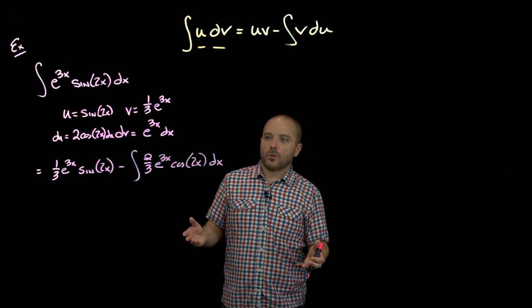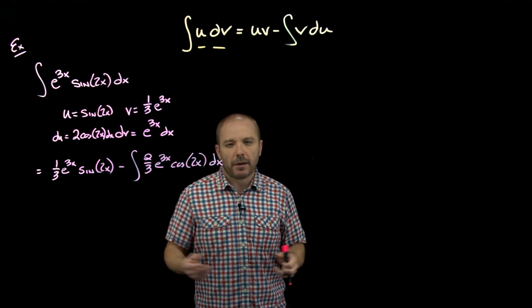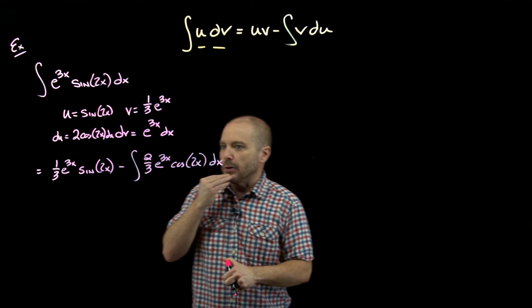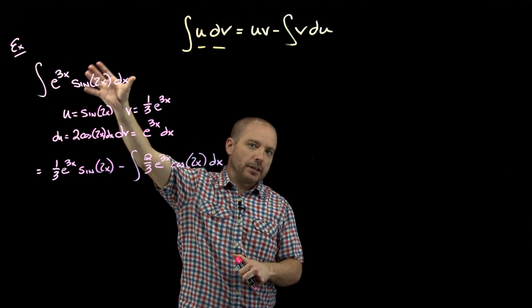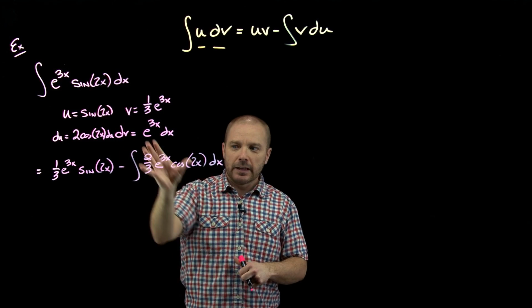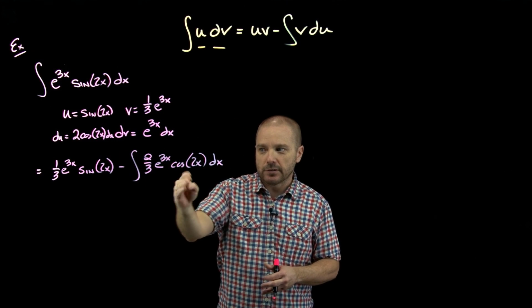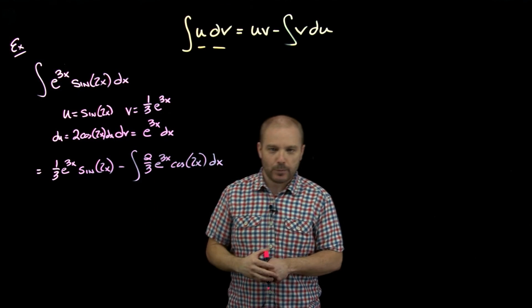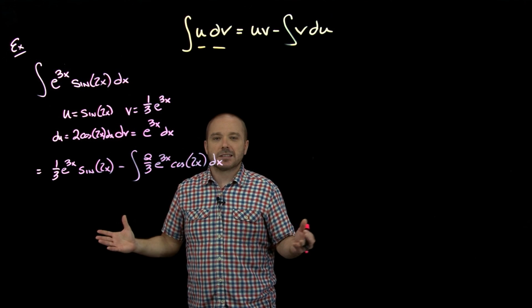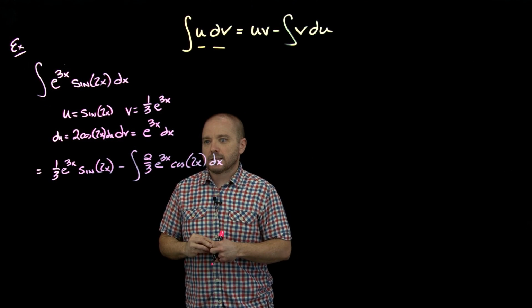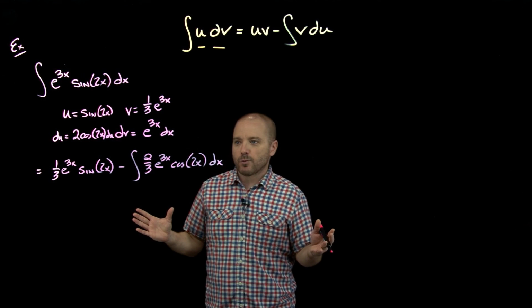And so right away you think, well, maybe this isn't the right approach. I started with an integral involving an exponential and a trig function, and now I have an exponential and a trig function. And all I've really accomplished is picking up a constant. So it doesn't seem to be progressing. But let's blindly plow forward here.